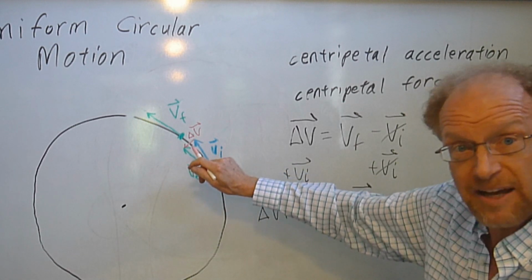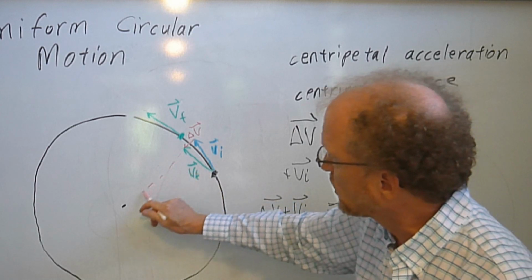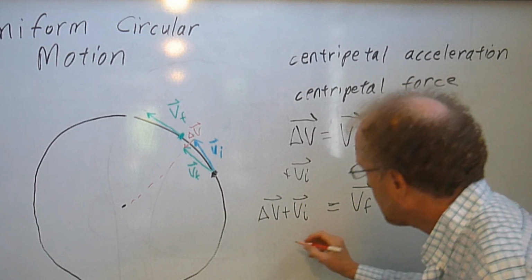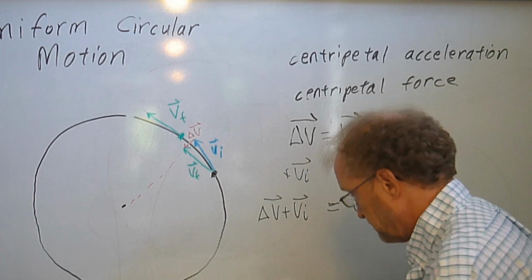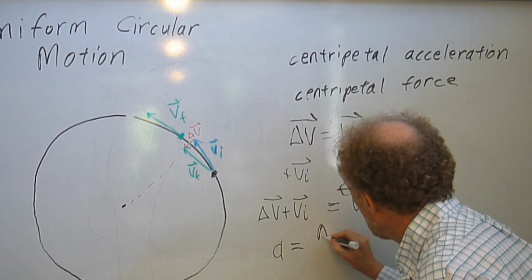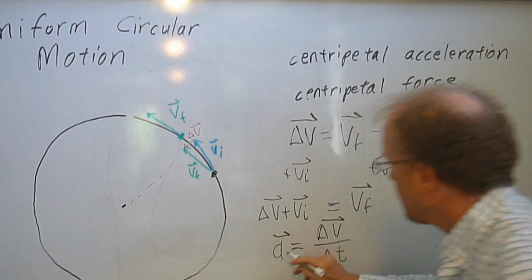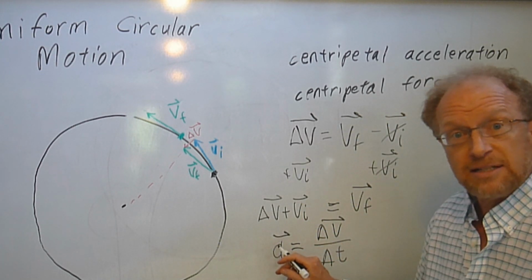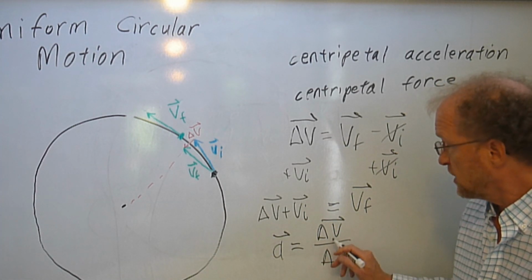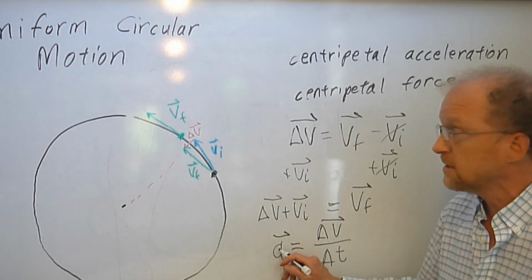So this vector analysis shows us that our delta v is, again, toward the center of the circle. We know that acceleration is delta v over delta t, where acceleration is a vector, delta v is a vector, delta t is a scalar. So delta v must be in the same direction as the acceleration.